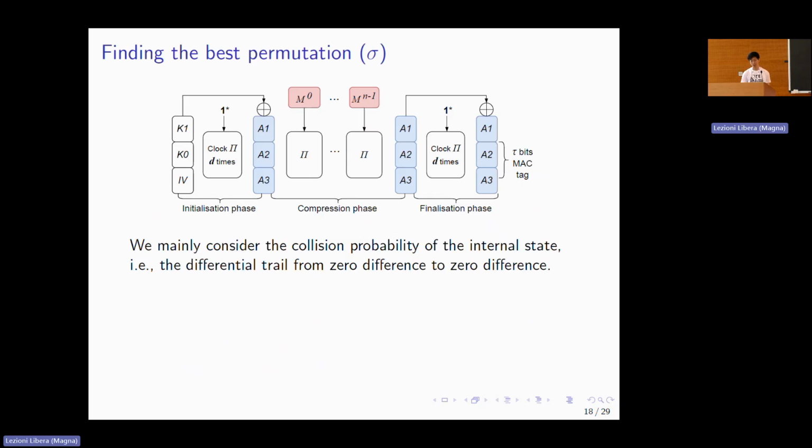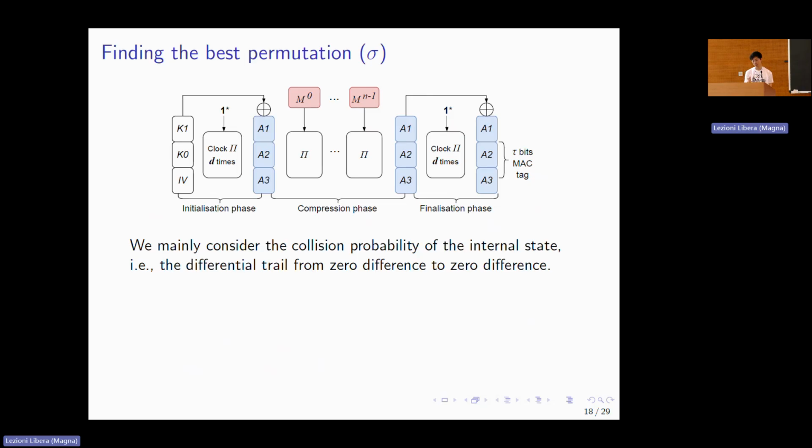For the security problem, before I move on to the byte permutation, there is a main security problem. That is the collision property of the internal states. This corresponds to finding the differential trail inside this compression phase from 0 difference to 0 difference.